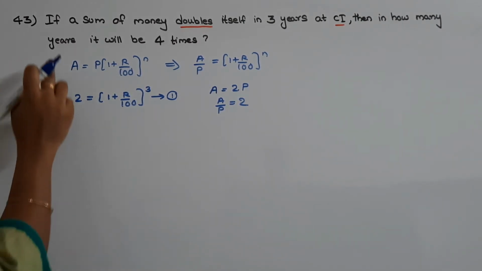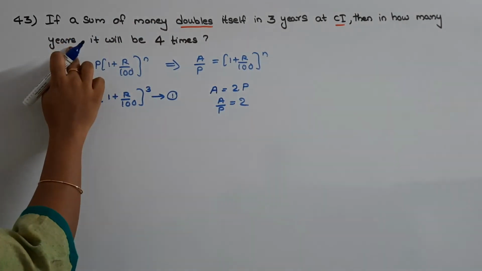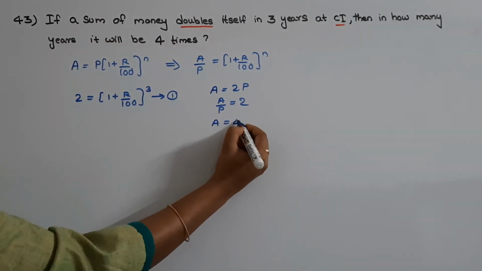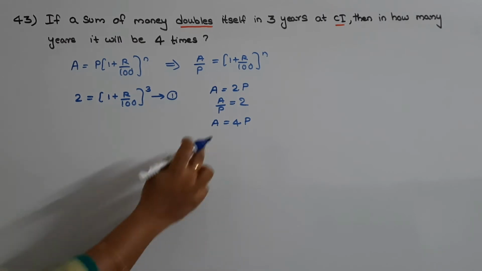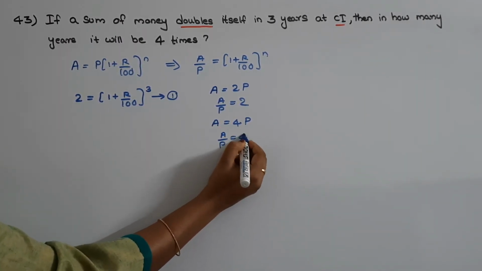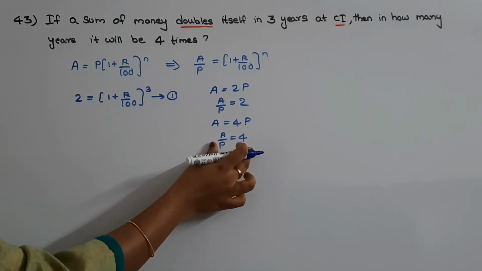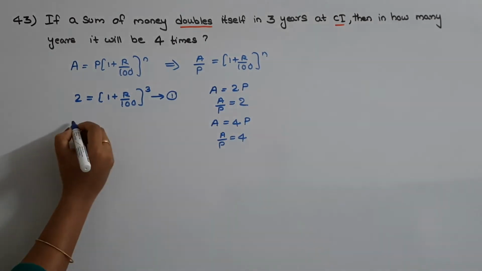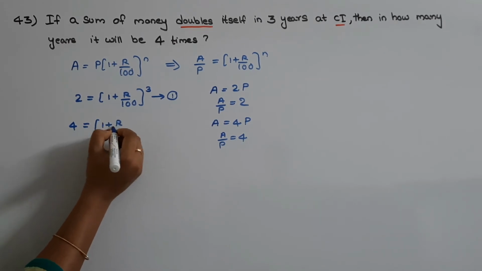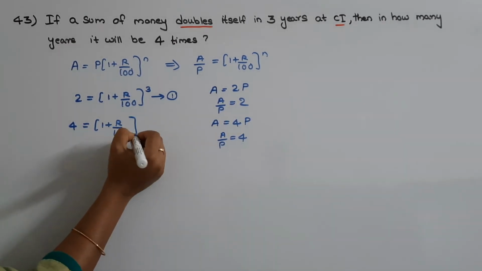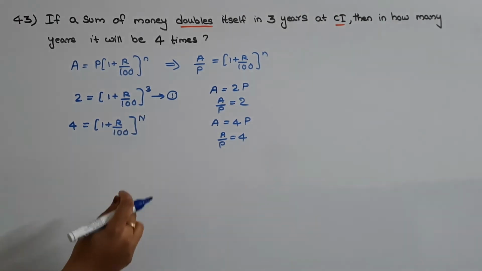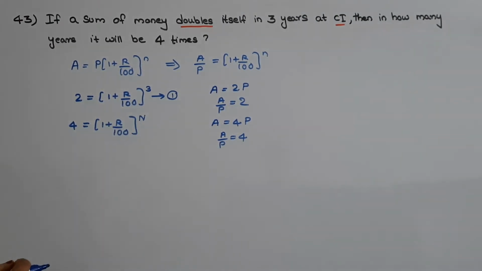Now we need to find out the number of years when the amount is 4 times that of the principal, or we can write this as A by P is equal to 4. On substituting this value in this equation, we will get 4 is equal to 1 plus r by 100 whole raised to n. So let us represent it as n. So we need to find out this value.